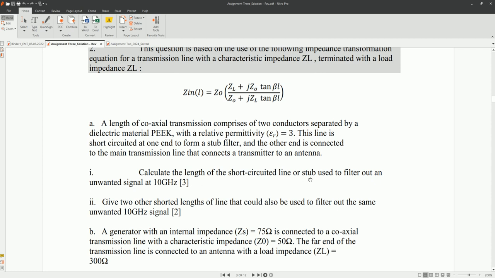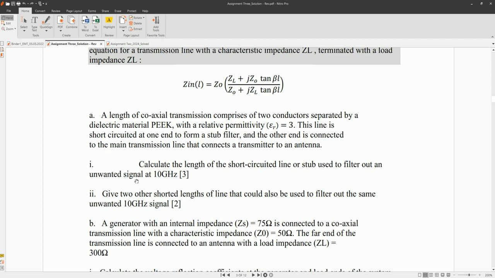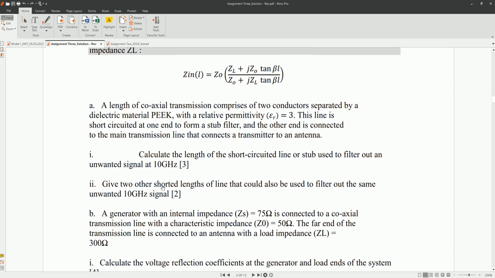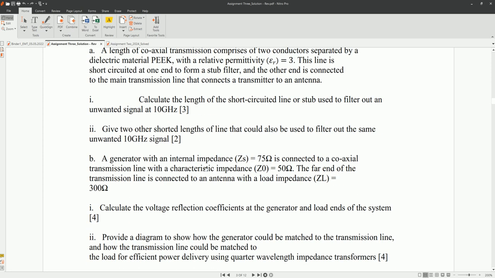Calculate the length of the short circuit line or stub filter to use to filter out an unwanted signal at 10 GHz. Give two other short circuit lengths that could also be used to filter out the same unwanted 10 GHz signal. A generator with an internal impedance is connected to the coaxial transmission line. Its Z0 is 50. The far end is connected with the antenna ZL.